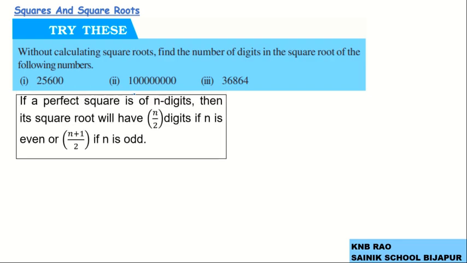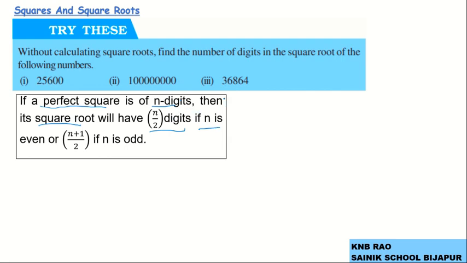A perfect square of n digits will have n by 2 digits in the square root if n is even.